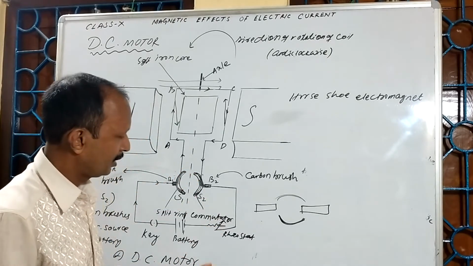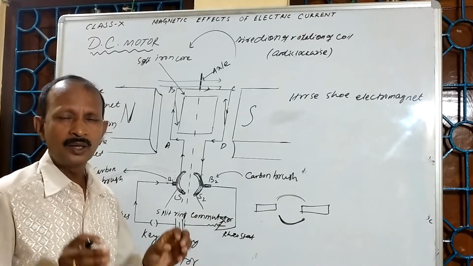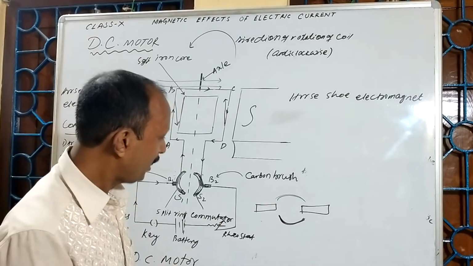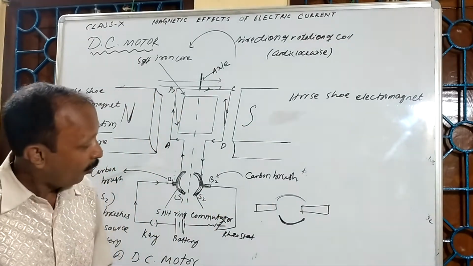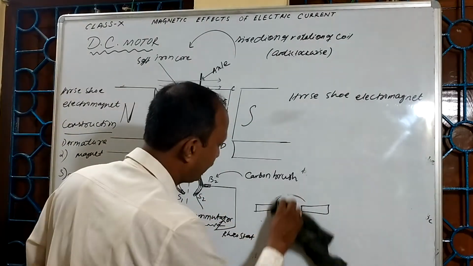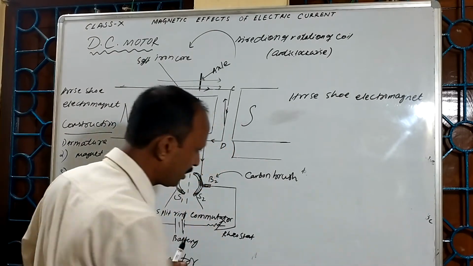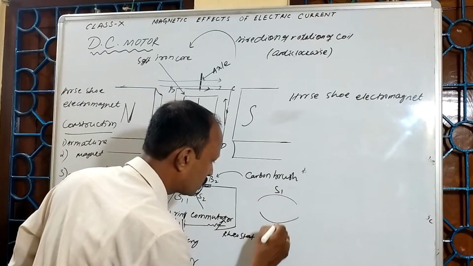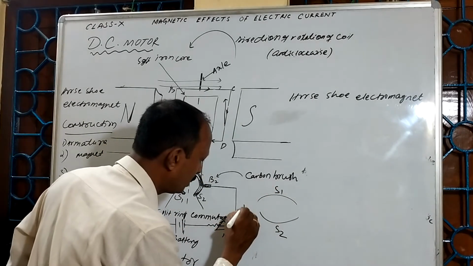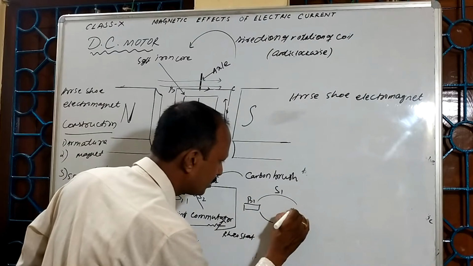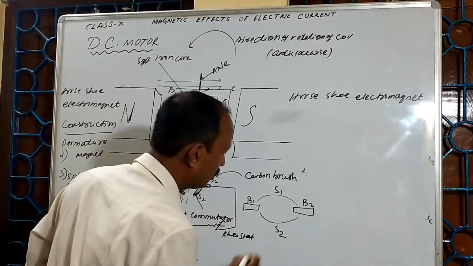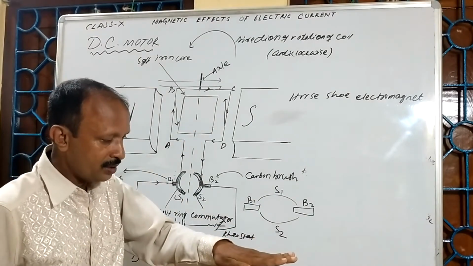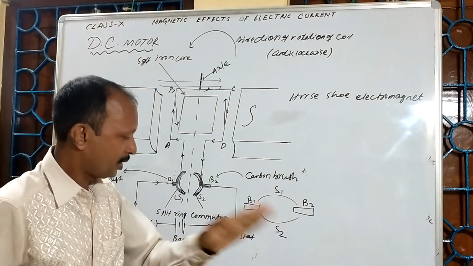But due to momentum, the conductor will continue to rotate. So once again it rotates. Suppose it rotates another 90 degrees. First 90 degrees, this is the S1, this is the S2, this is the brass B1, this is the brass B2. This is after 90 degrees, from horizontal to vertical.